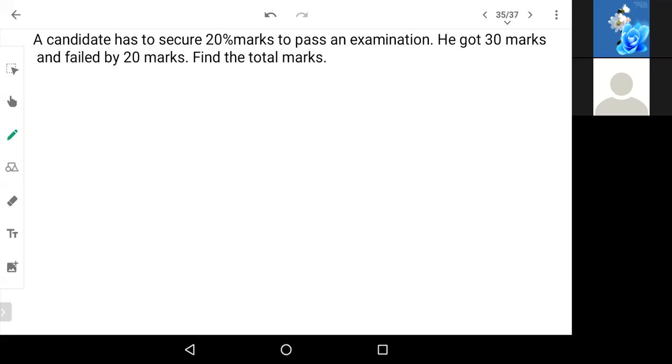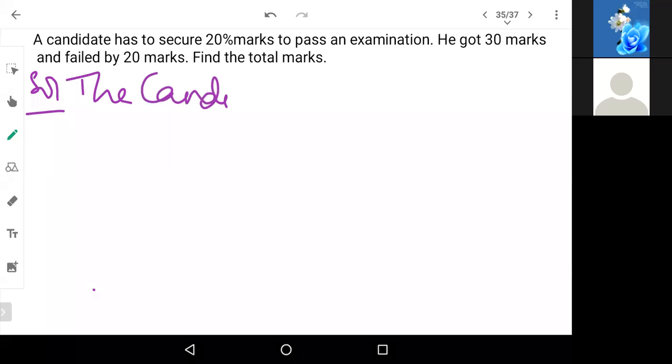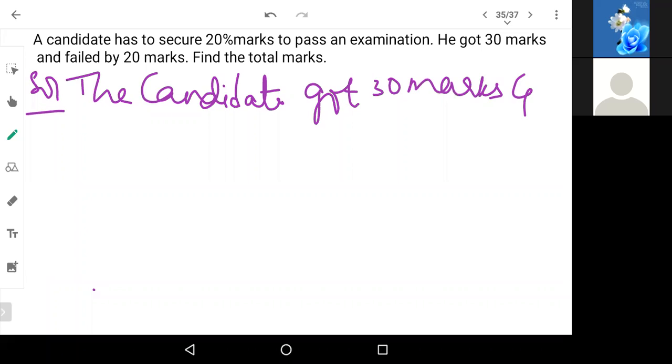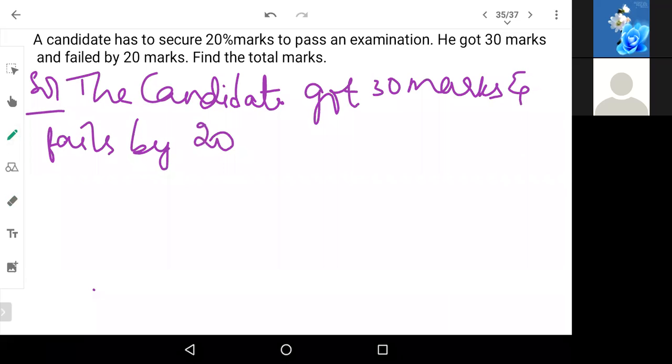Okay, now let us solve this problem by first understanding and deriving the question. So, firstly, the candidate is a student in this case. A candidate got 30 marks and fails by 20 marks.